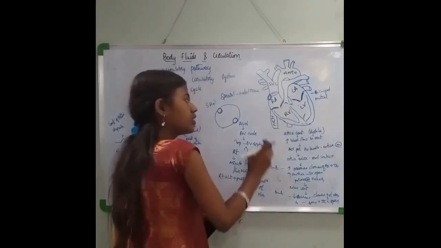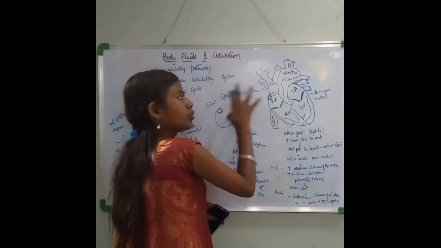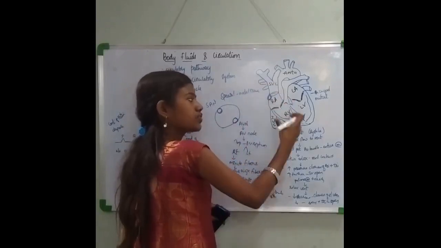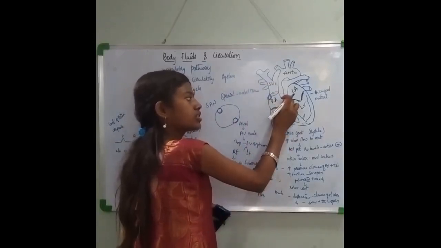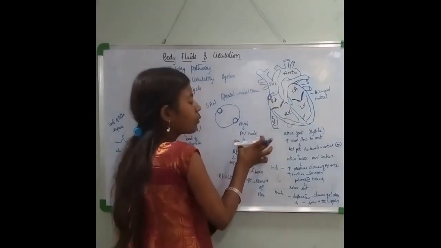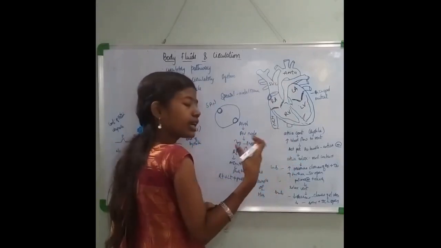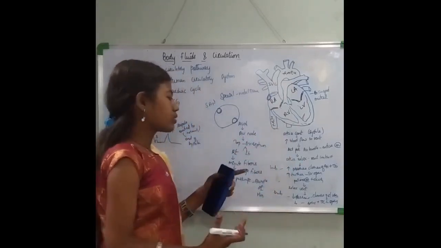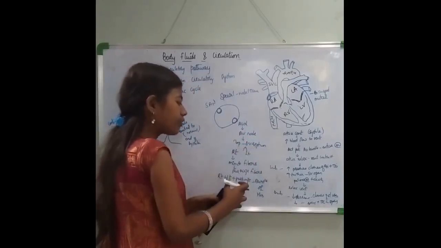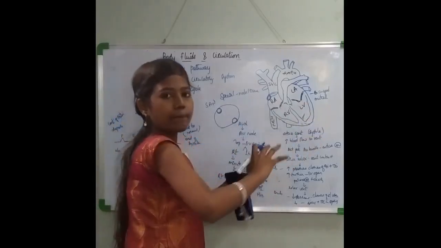Nodal tissue is present in the upper right corner. Then another patch of this is present in the lower left corner, which is towards here, the atrioventricular node. The fibers will spread to the interventricular septum. Once it reaches the interventricular septum, it divides into right and left. Then those fibers will divide into minute fibers called the Purkinje fibers. Then those Purkinje fibers along with the right and left will form the bundle of His. Now this is spread out through the entire ventricular musculature.